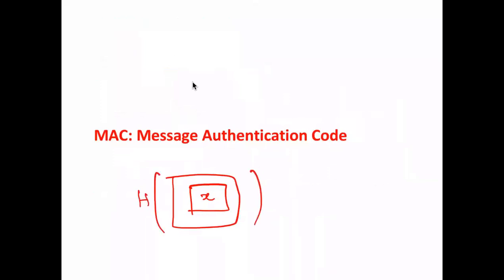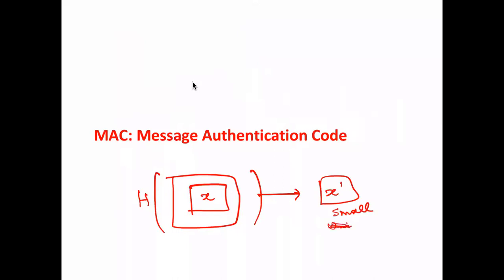Okay, all right. Now let's move into message authentication code. What we have studied is that given one message or string X, we can compress it using a hash function, and whatever is available, let's assume X dash, is small in size and unique.